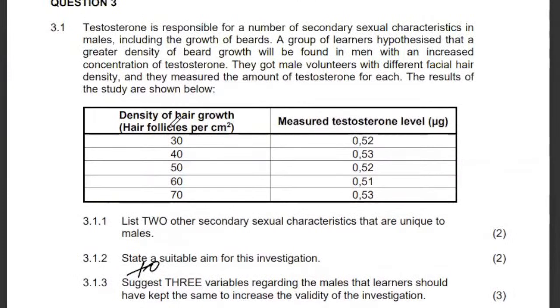So density of, meaning how much testosterone is needed for this specific follicle to grow, or how many follicles are going to grow in that specific area under the influence of this testosterone. So when you are designing the aim, you have to compare the independent and the dependent variables.